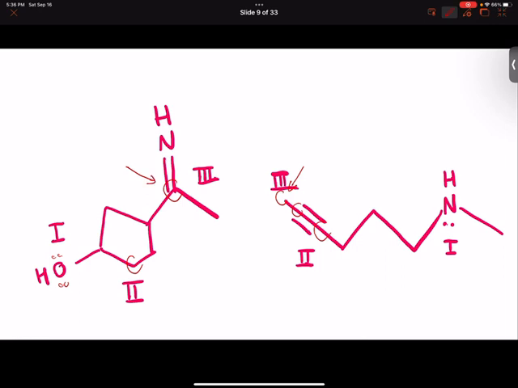Okay, so let's determine if it's sp, sp2, or sp3. So we have 1, 2, 3. It's going to be sp2, no lone pairs. So I would say we can say that one's trigonal planar. Let's look at the second one, this one right here. So then we have 1, 2 bonds, right?